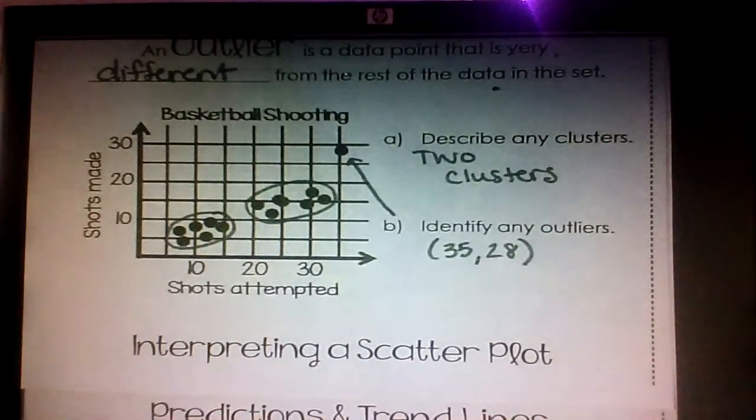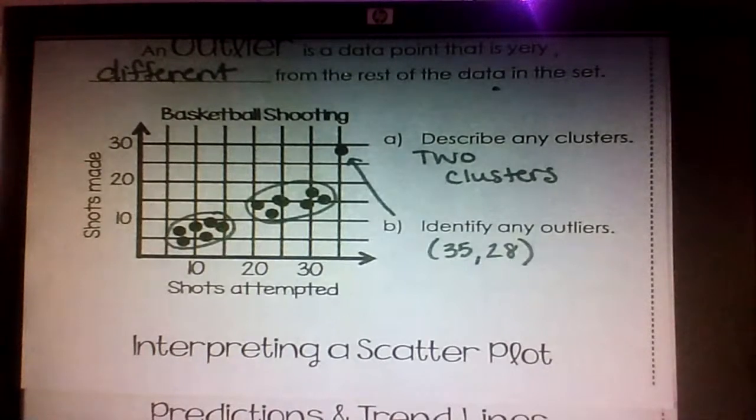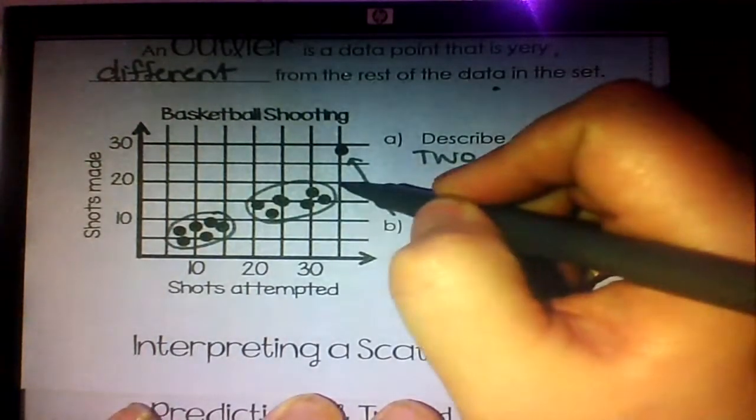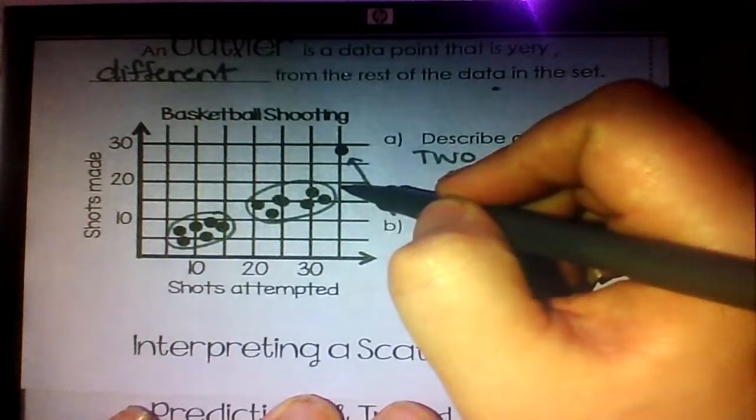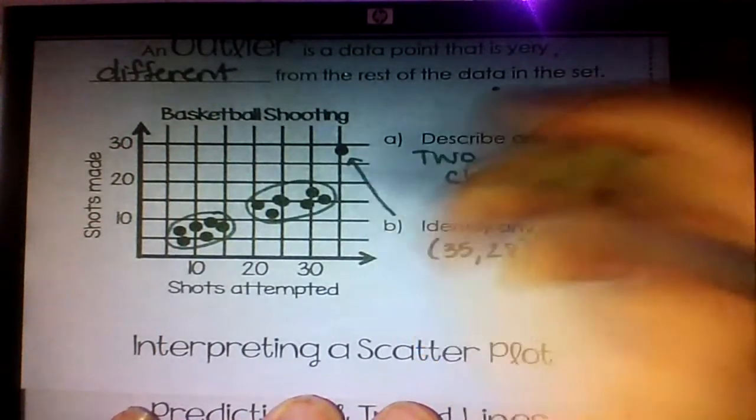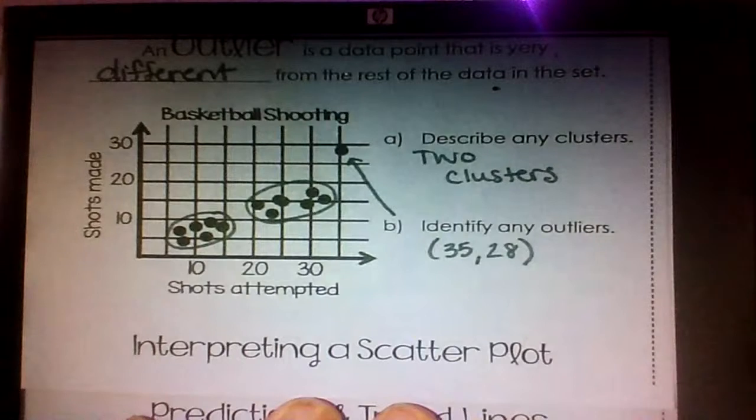So an outlier is just some dot that's kind of out in space and it doesn't really go with the pattern that's there. If this was not an outlier, it would have fallen probably somewhere in the 20s, or the late teens. It would have been more in the pattern.